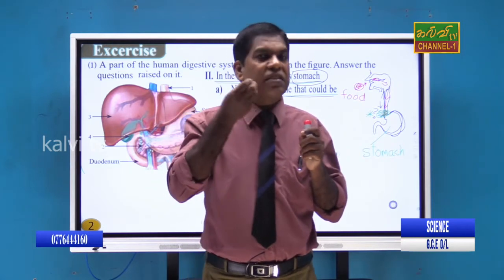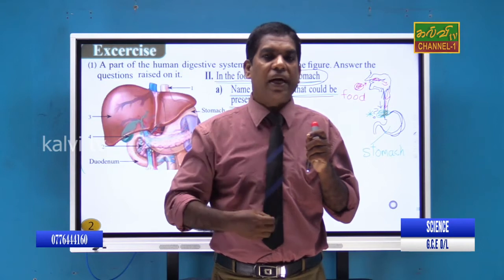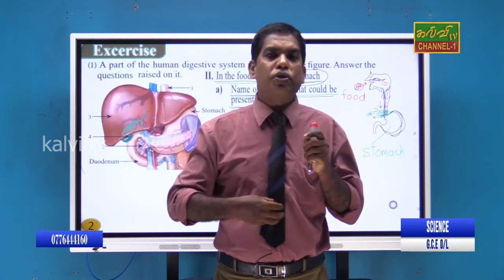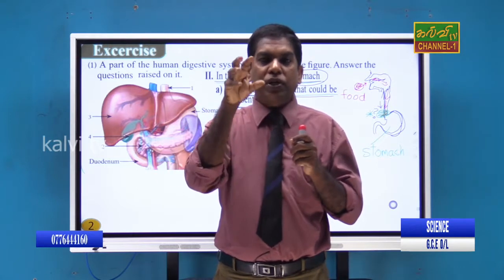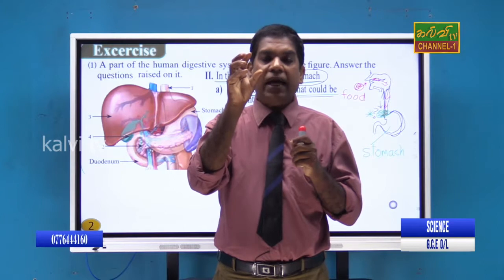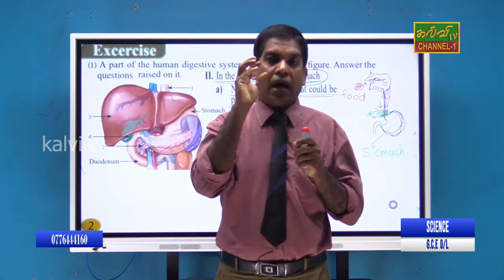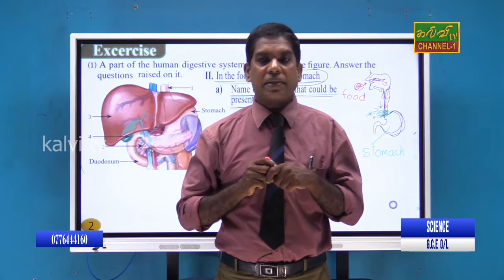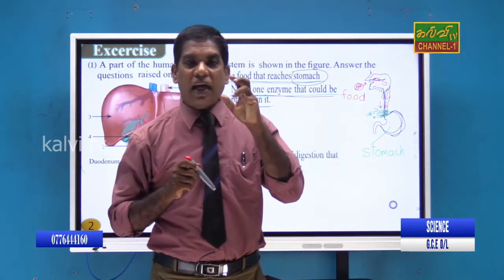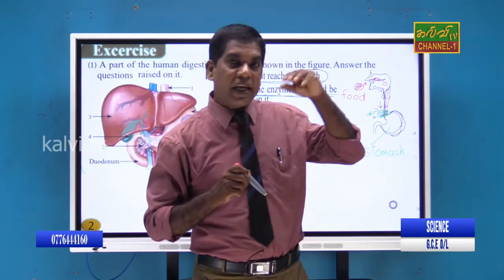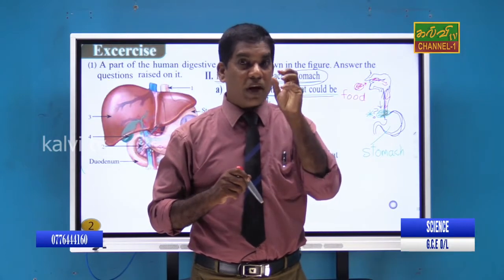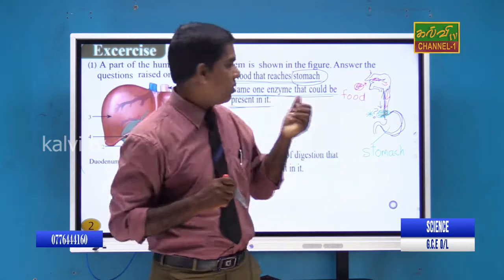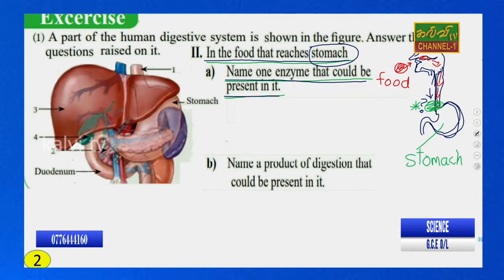Esophagus just transfers from here to there, mouth cavity to stomach. So when food enters the stomach, at that time it has salivary amylase. So here they are asking, when it enters the stomach, what are the enzymes? What is the main enzyme available? So therefore, we can write the answer.